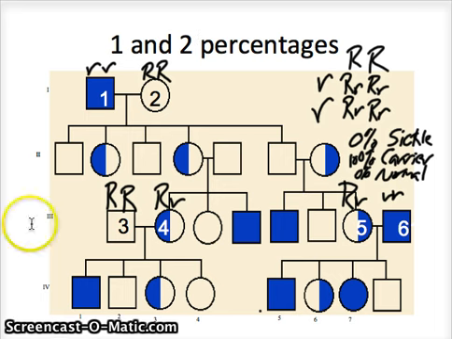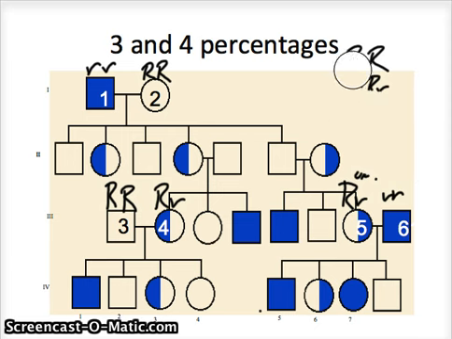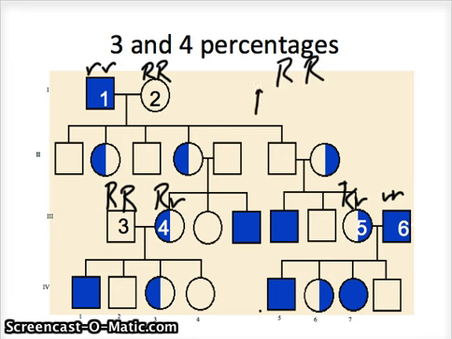Alright, so our next couple is 3 and 4. So 3 and 4 are down here to our bottom left. And we already found their genotypes. It's big R, big R, and big R, little r. So big R is going to be 50%.